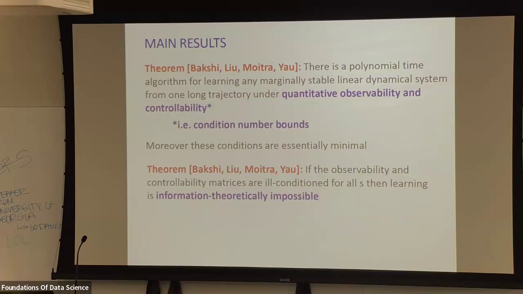Right. So you're thinking of capital T, which is how long my dynamics goes. Yeah. So here the rates will be polynomial in everything: the dimension, the condition numbers, and 1 over epsilon. Now the dependence on epsilon will be suboptimal. It'll be 1 over epsilon to the 4th, but I'll explain where it comes from.